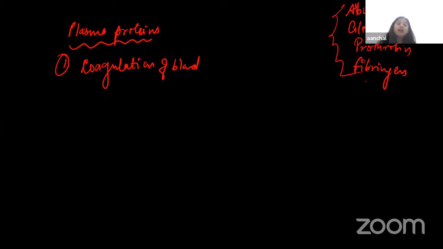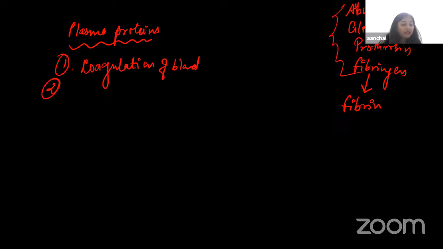So all of them help in the coagulation of blood. For example, in the last pathway, as we know, of the extrinsic and intrinsic pathways of blood coagulation, in the end fibrinogen gets converted into fibrin. So that's why the plasma proteins are very useful in the process of coagulation of blood.